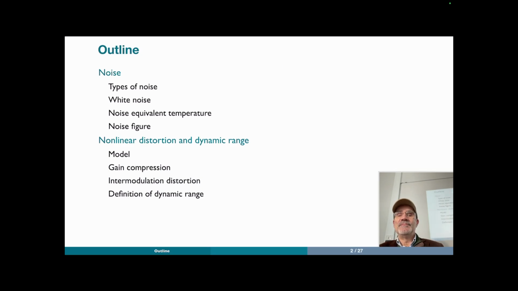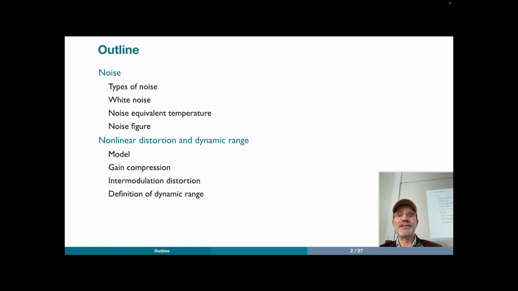And so, with respect to noise, we're going to discuss the types of noises, and obviously, white noise is one of the important noises that is relevant in most electronic circuits. We're going to define the noise equivalent temperature and the noise figure. Okay. With respect to nonlinearities and nonlinear distortion, we're going to see a simple model that we're going to use to define the nonlinearity of the device.